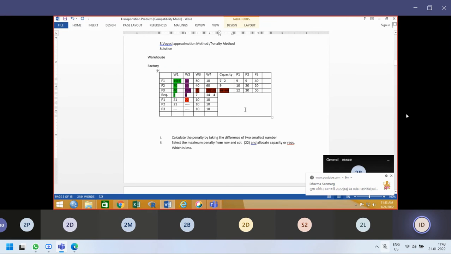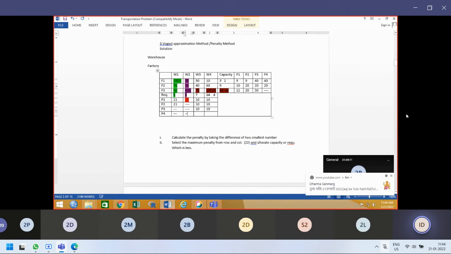Fine. Now again we will go for calculating the penalty, right? P4. In P4, difference: first smallest, second smallest, 40. Here, difference 20. This is dash, not required.